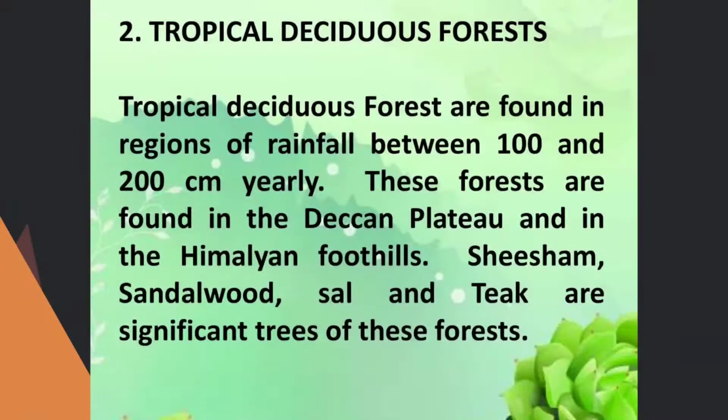Now moving ahead, we have the tropical deciduous forest. Tropical deciduous forests are found in regions of rainfall between 100 and 200 centimeters yearly. These forests are found in the Deccan Plateau and the Himalayan foothills. Sesame, sandalwood, sal, and teak are the significant trees of these forests.